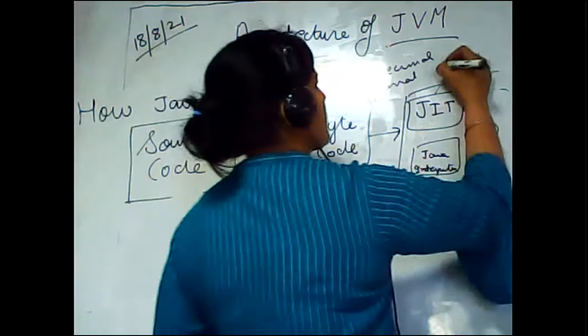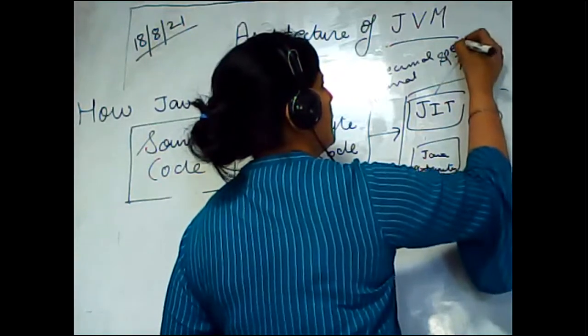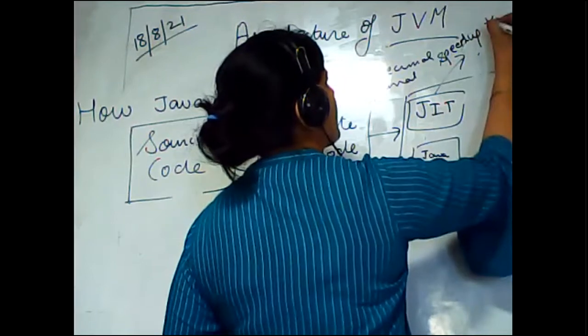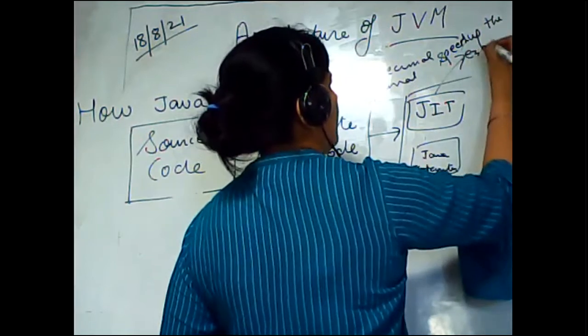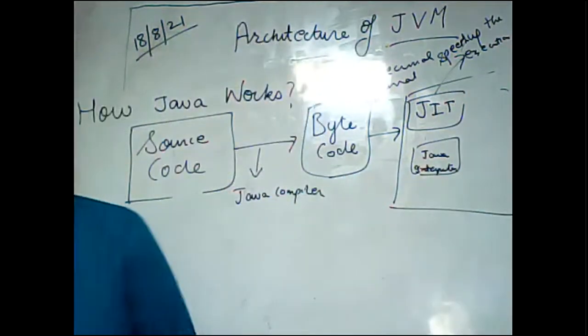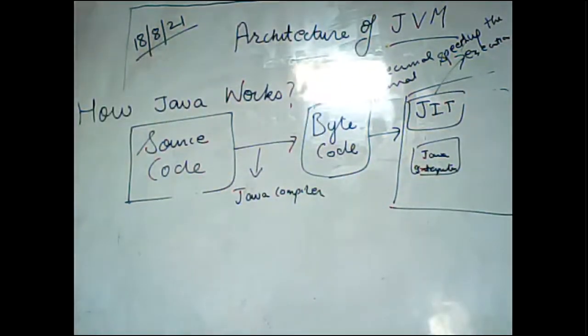It just speeds up the execution part of the program. Both the just-in-time compiler and the Java interpreter are part of your runtime system.